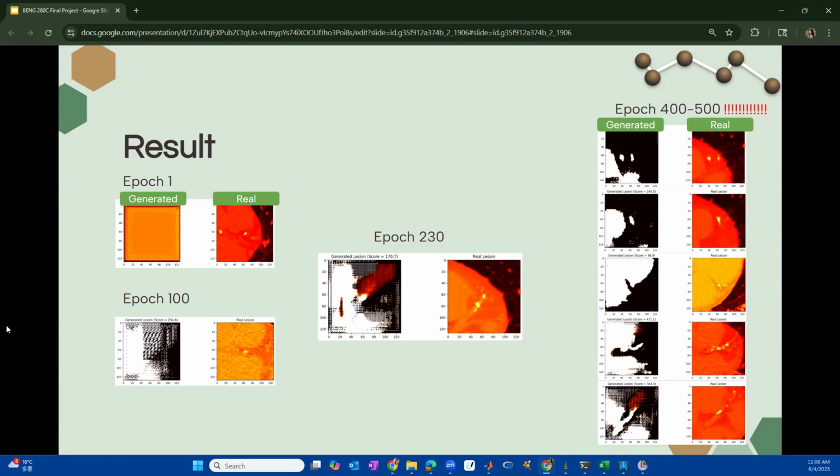Just a note, to help with visualization, we added color to the input scans because this gives us better contrast and makes the calcium easier to spot. However, our model output uses a sigmoid activation, so the generated results are still binary, just black and white. But it's something we want to improve later for more realistic intensity representation.